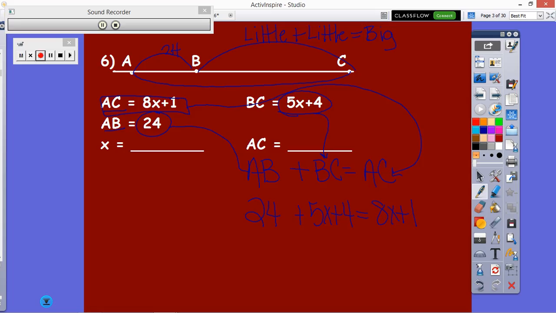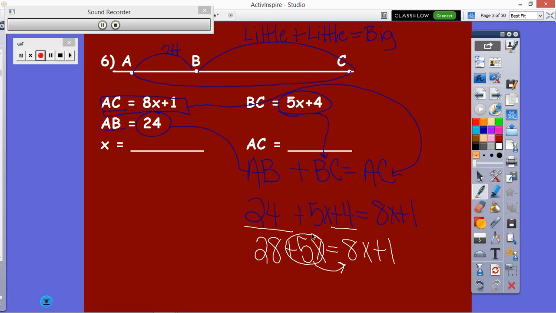So from here, I'm ready to solve my equation. So again, we're solving just like we always do. We want to combine our like terms. Here we have a 4 and a 24 that we can add together to give us a 28. We still have this 5x here. And now we're ready to move. So let's move our 5 over to 8.